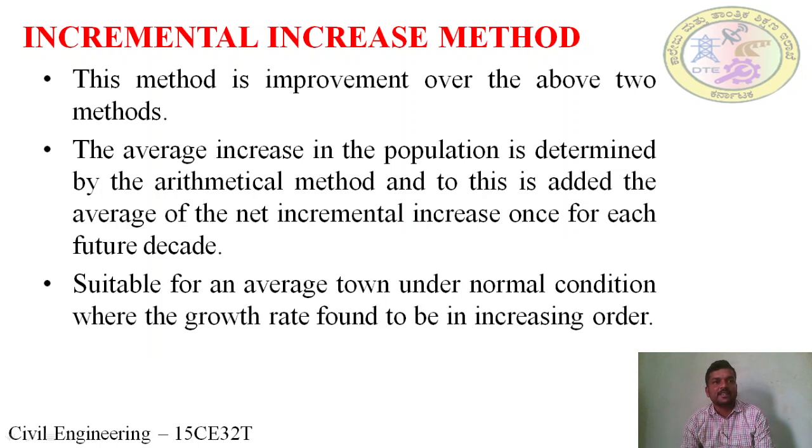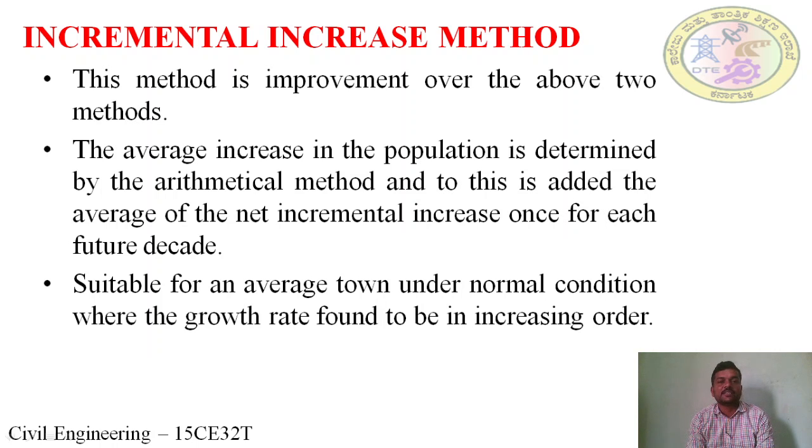The third method is the incremental increase method. This is the improved version of the already discussed methods, that is the arithmetical increase method and the geometrical increase method. Here the average increase in population is determined by the arithmetical method, and to this we need to add the incremental increase for each decade.